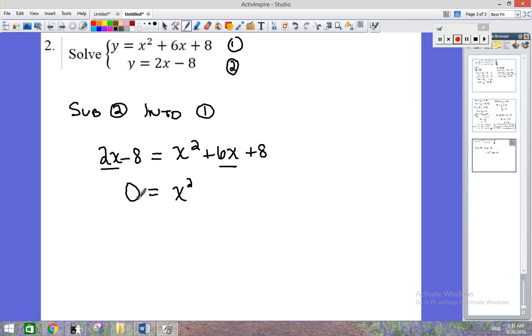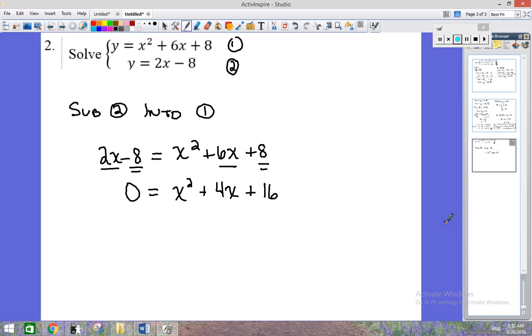I'll have the 0 I want. So to balance the equation, I have to take 2x away from these 6x's, and that will give me 4x. Here, I have constants. I want them on the same side of the equation. So to get a 0 on the left-hand side, I'm going to add 8. To balance the equation, I'm going to add 8 on the right-hand side. And 8 plus 8 is 16.